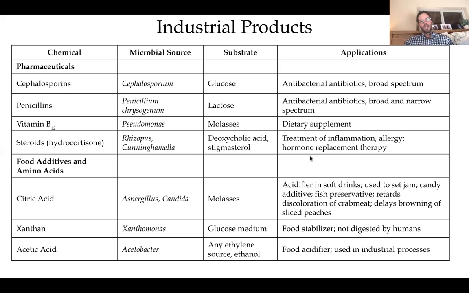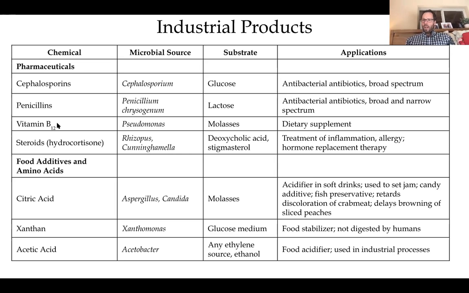Okay, and so this is a table. You don't have to memorize this stuff, but it gives you an idea of where our things come from, what source. So cephalosporin, that's not too much of a stretch that it comes from Cephalosporium yeast. And then penicillium also, or I guess these molds, right?